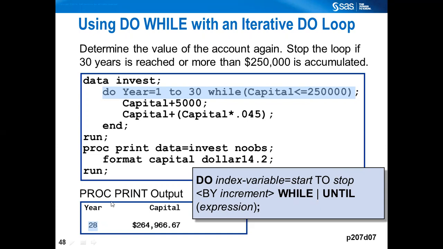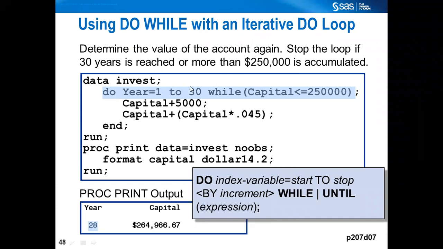So at the year of 28, it stops, or your capital value exceeds this condition value. It's telling: determine the value of account again, stop the loop if 30 years is reached or more than 250,000 is accumulated.